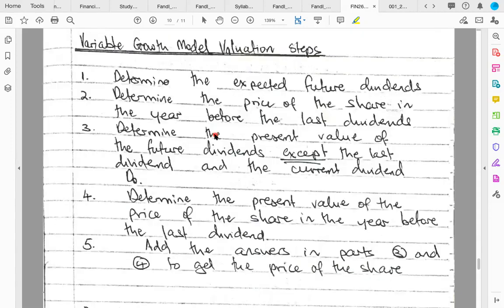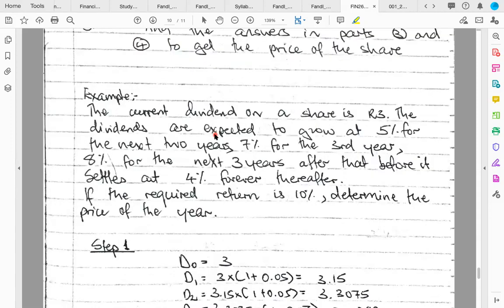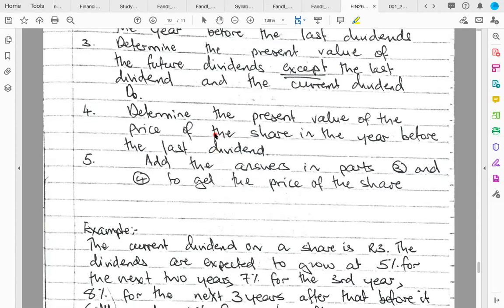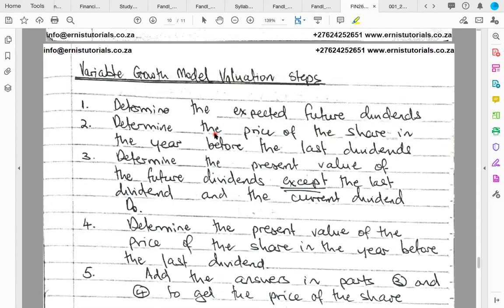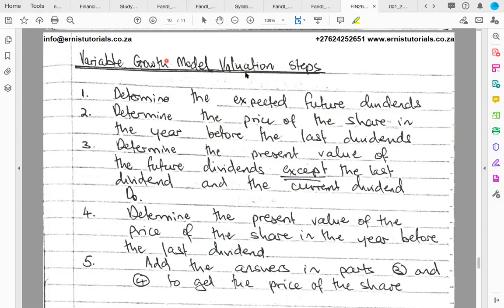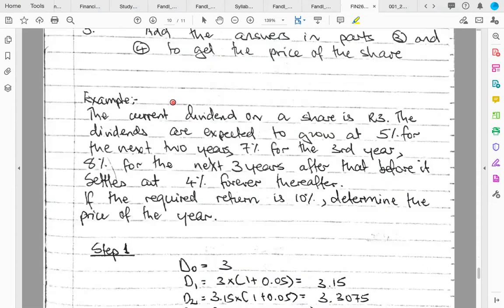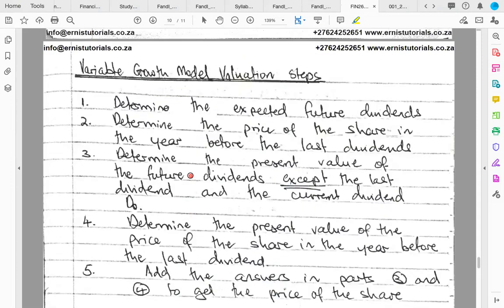So what are the steps when it comes to determining the price of a share using the variable growth model? Okay, so the steps are as follows. We're going to use these steps to look at an example. The first step, you need to determine all the expected future dividends, and I'm going to show you how to do that.